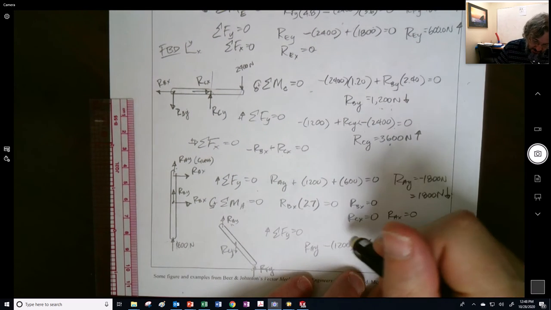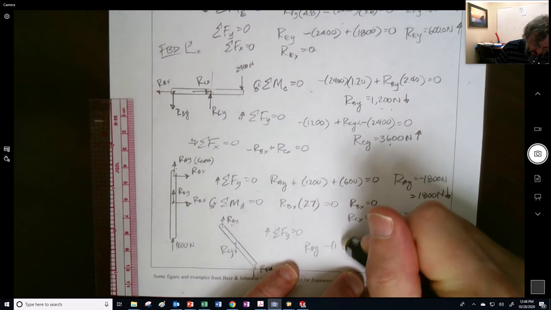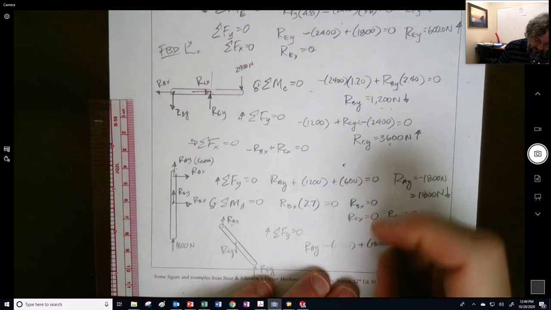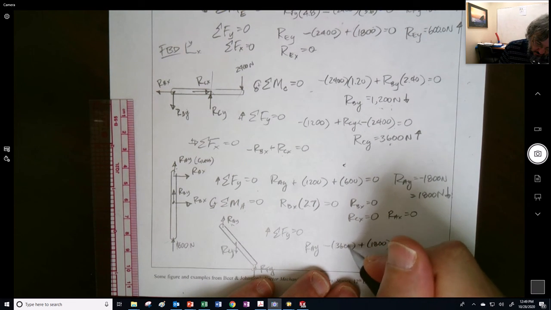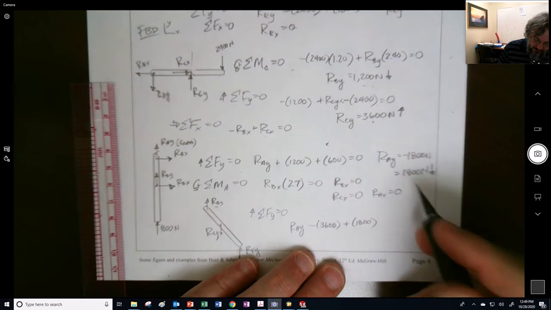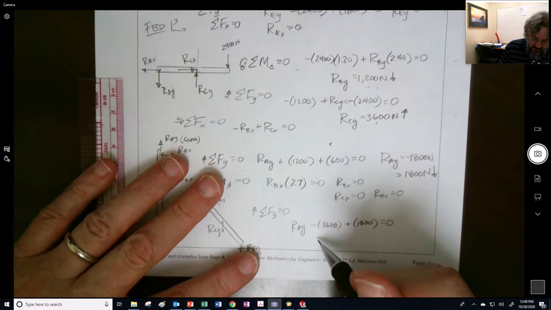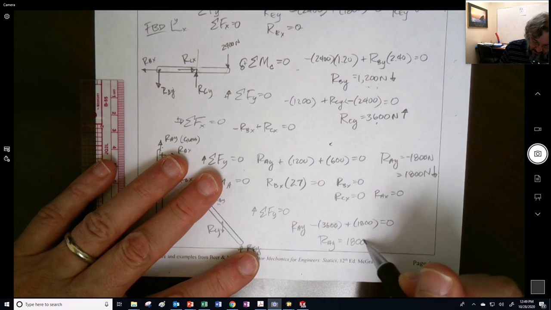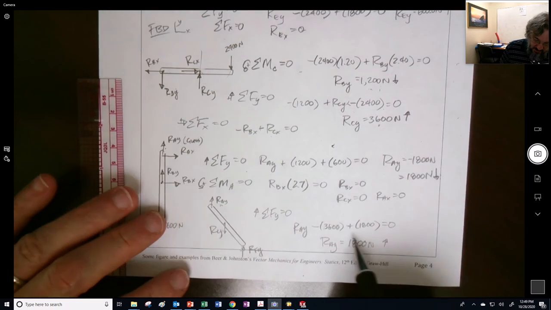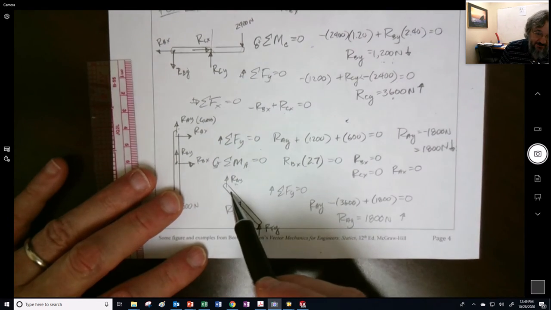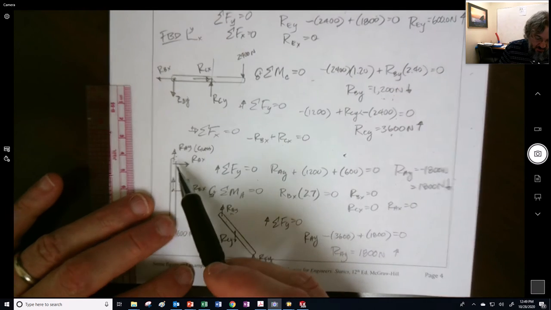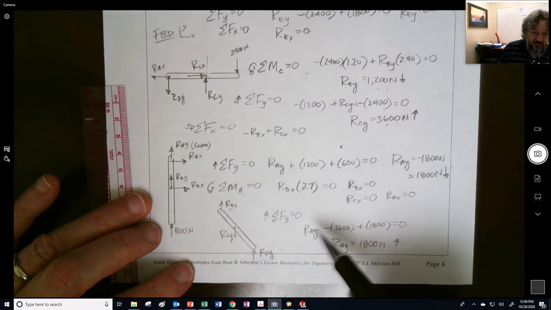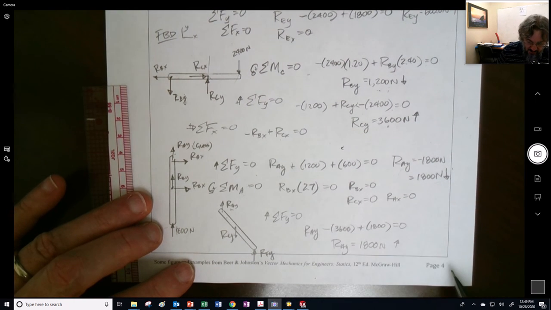So that should be 3600. Right? Equals 0. And therefore, RAY is equal to 1800 newtons upwards. But of course, this one applies to here, whereas this one applies to here. You got to be careful which one that we're referring onto the thing.